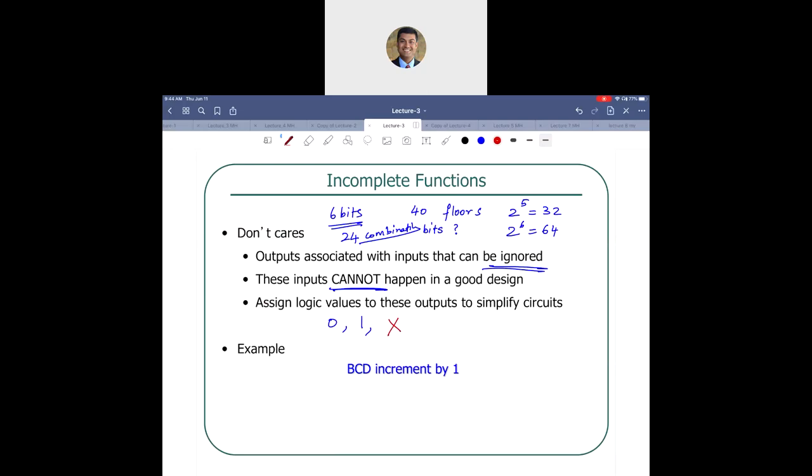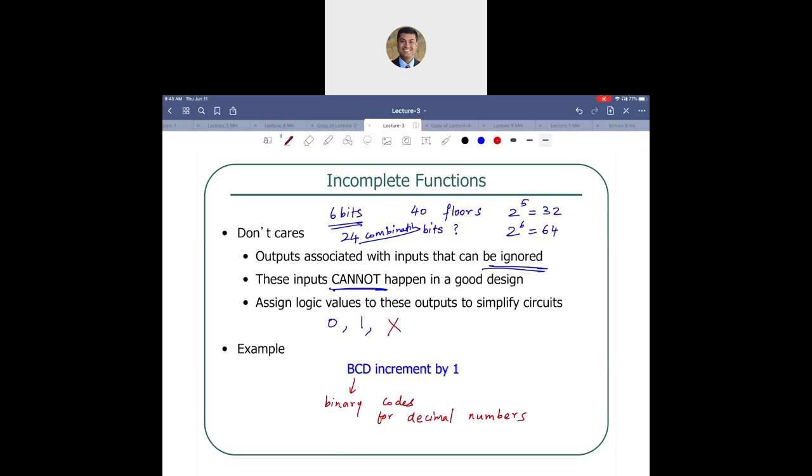Now let's take an example in which you use binary codes for decimals. BCD, and keep incrementing by 1. How many bits would you need to code decimal numbers?